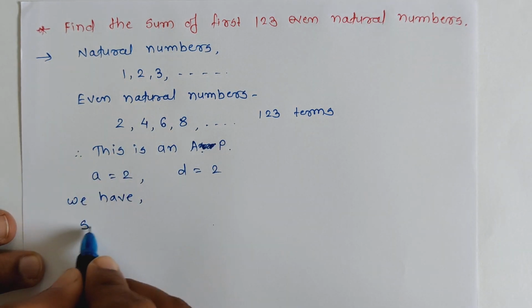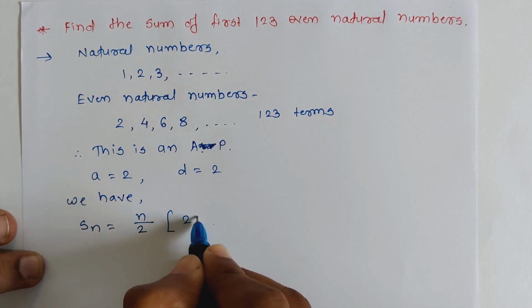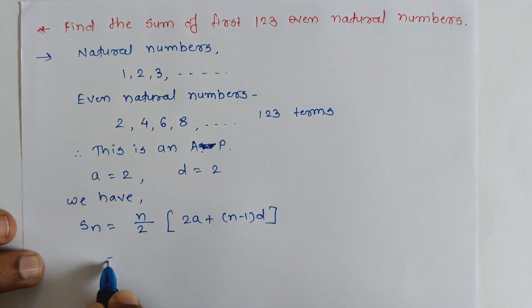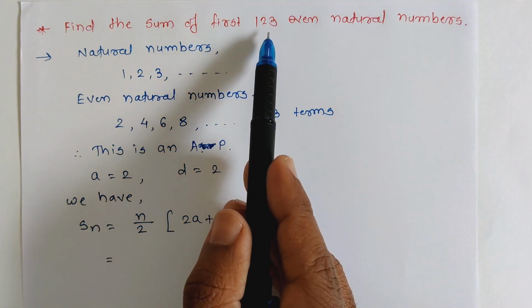So we have the formula Sn is equal to n divided by 2 into bracket 2a plus n minus 1 into d. Here we need the sum of first 123 terms.